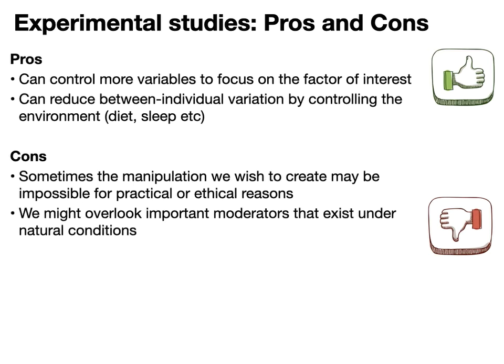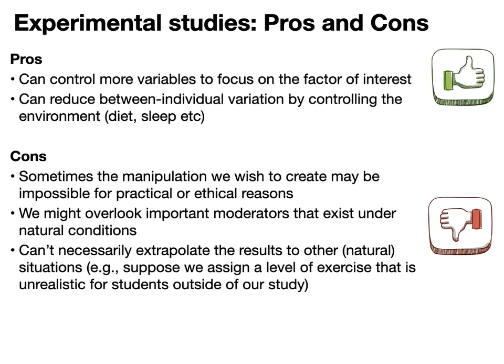We might also overlook important moderators, important other causal factors that only exist under natural conditions. We might overlook including those conditions in our experiment. And we might find something in an experiment that might not extrapolate to more natural situations.